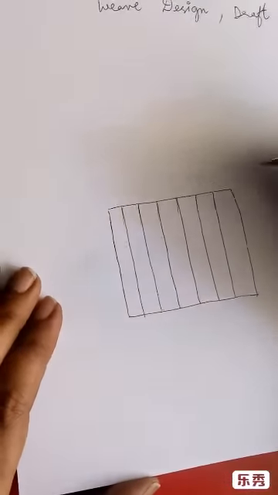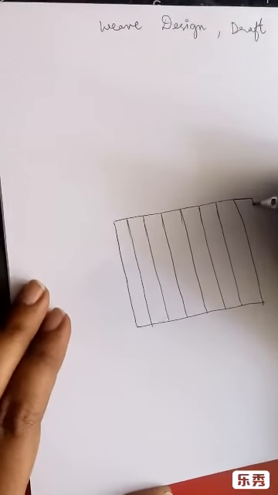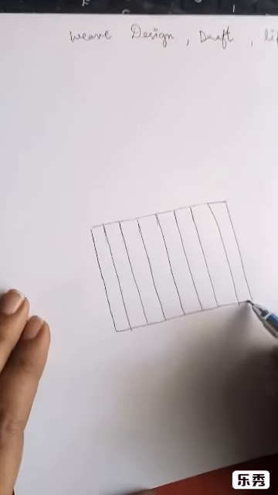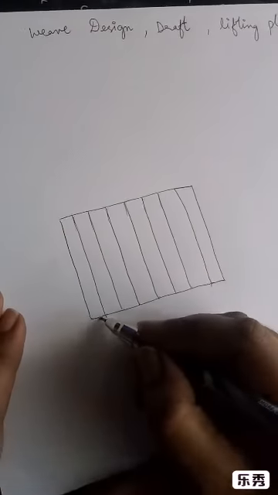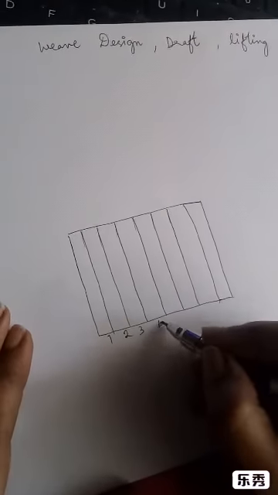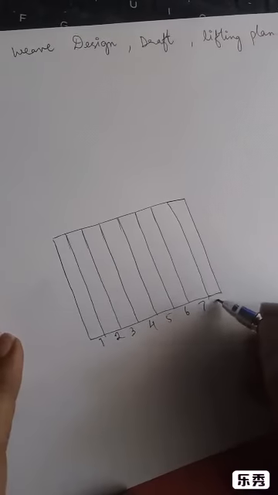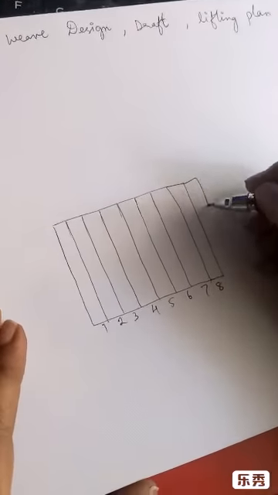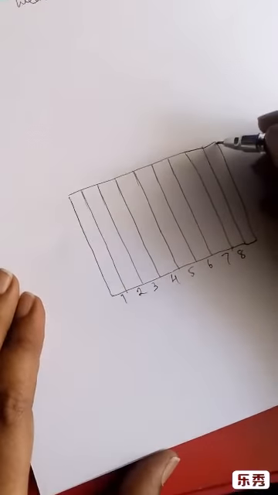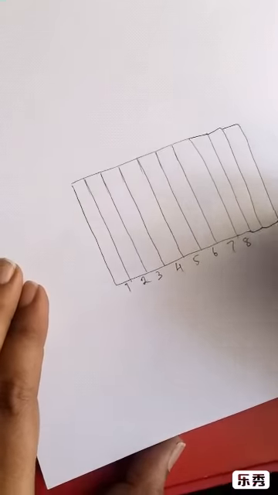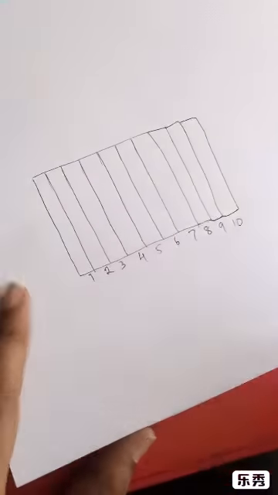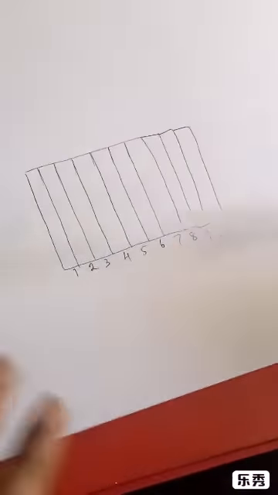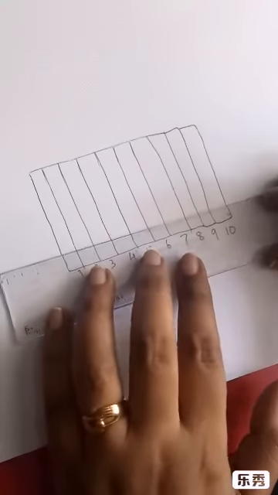You can take 8 by 8 or 10 by 10, so it's even numbers. So we have 1 2 3 4 5 6 7 8. We'll also make another 2 boxes, 9 and 10. Let me use a scale.